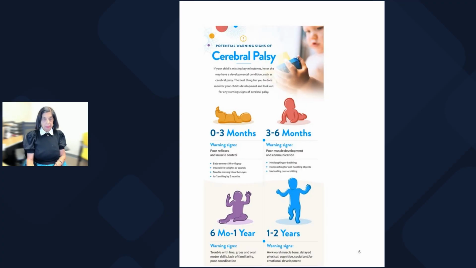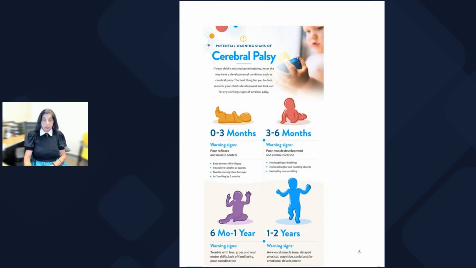There are other developmental conditions besides cerebral palsy, but here we are mostly focusing on it. In the second paragraph, I have given what a baby 0 to 3 months looks like. The baby is lying flat, with poor reflexes and poor muscle control.